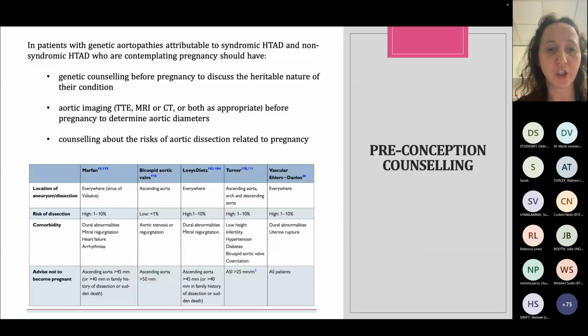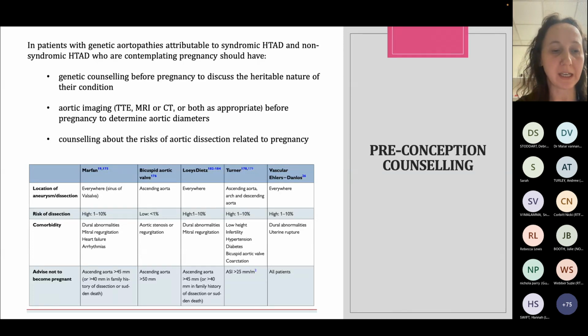Then the other conditions where the risk of dissection is higher are Loeys-Dietz, Marfan, Turner syndrome, followed by bicuspid aortic valve, where the risk is the lowest.